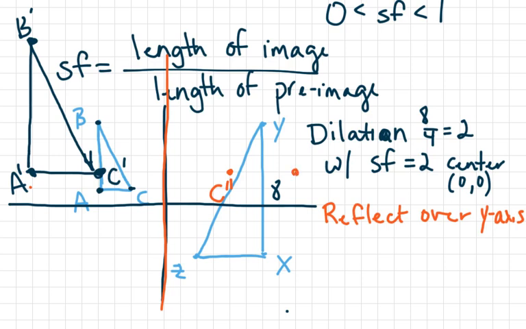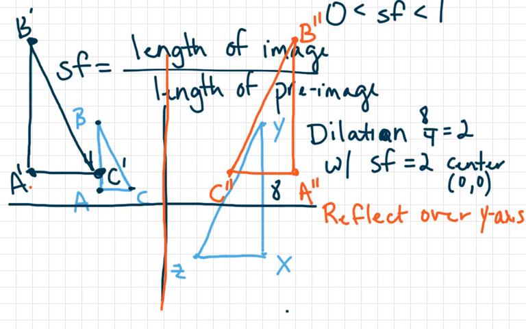So A double prime is here, and then B double prime is way up here, and it was 8 units away, so I need to go 8 the other direction, which is right here. So that's B double prime. And it's making a mess through all my words, but we have this shape here.